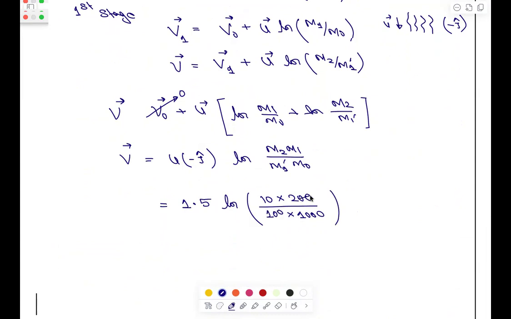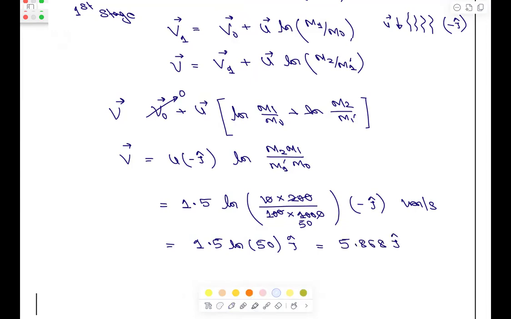Okay. So the zeros cancel, 10 and 10 cancel, and 2 times 50, and it is minus j kilometer per second. You know that ln 1 by 50 can be written as minus ln 50. So 1.5 ln 50 is the answer, in the j cap direction. Right? You know that the rocket is moving upward. If you solve it, it comes out to be 5.868.